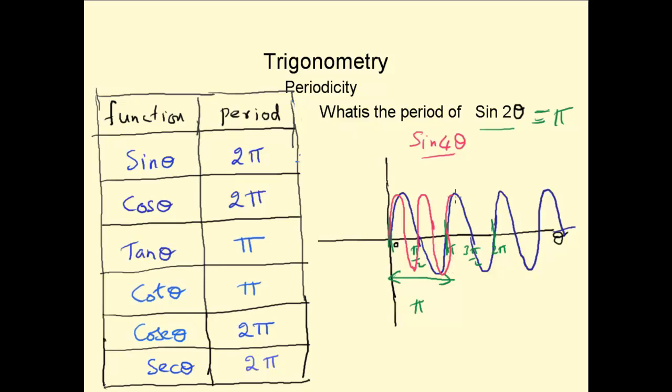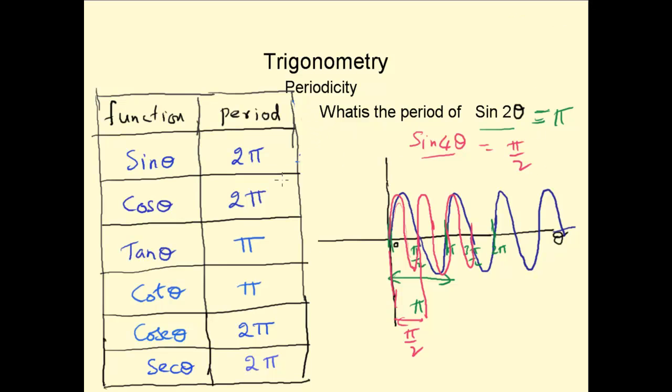If you plot the angles here, this would be 0, this is pi by 4, this is pi by 2, which is where this part of the curve repeats from here to here. For sine 4 theta, the period is pi by 2.